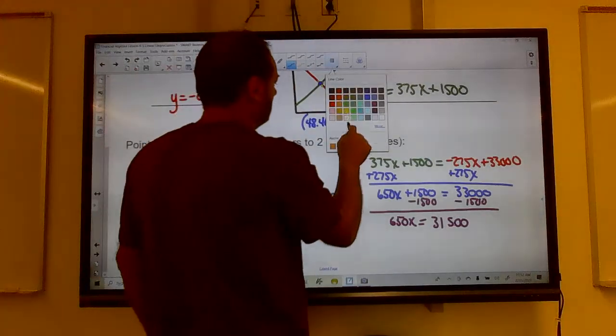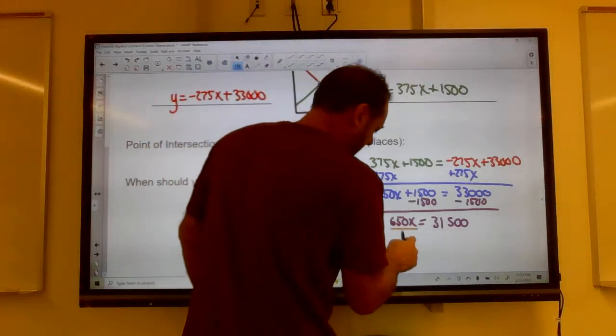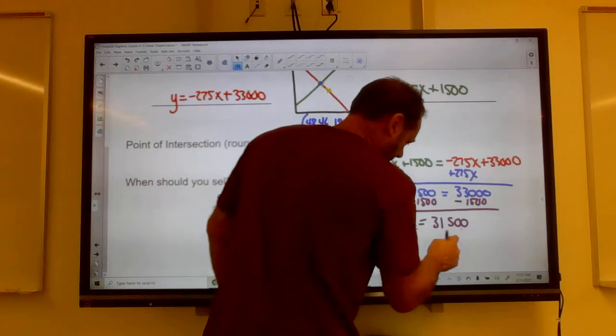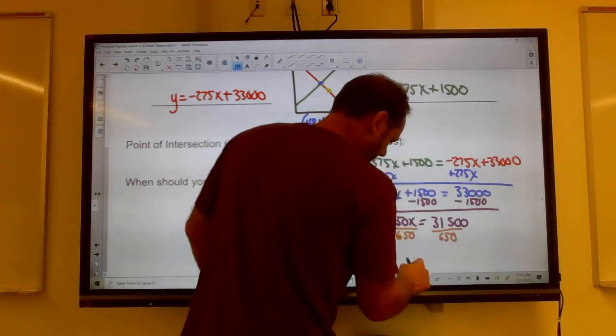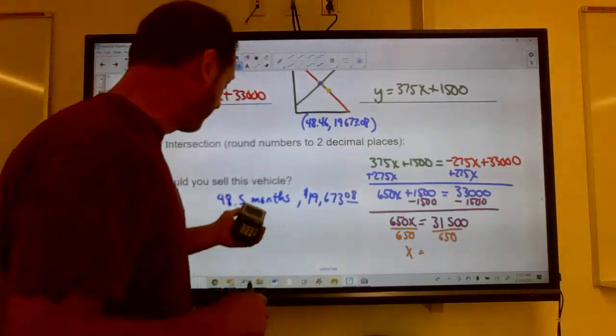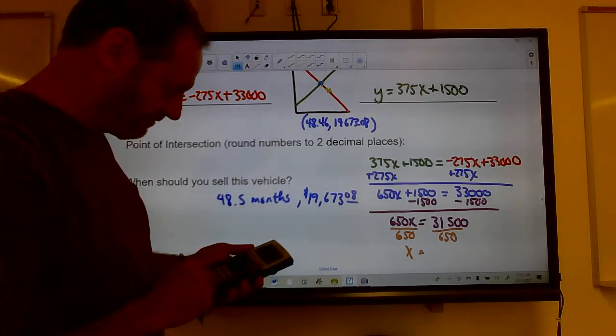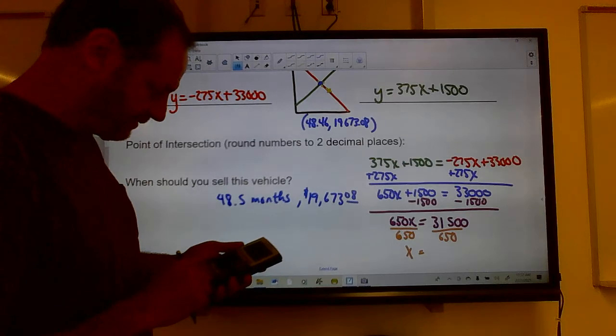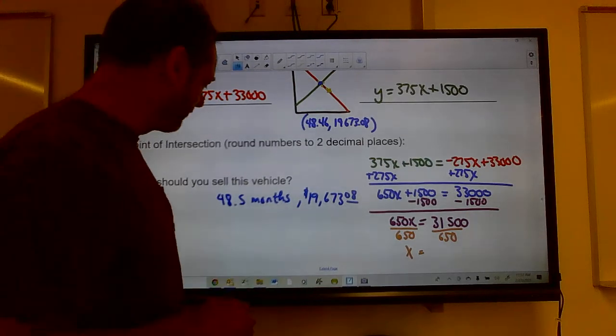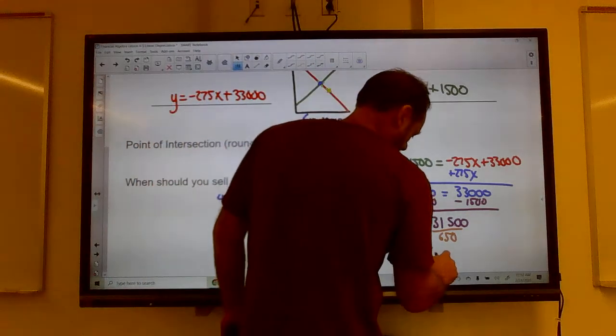And now I'm going to divide both sides by 650. So x should be 48.5-ish approximately. So 31,500 divided by 650, 48.46, there we go.